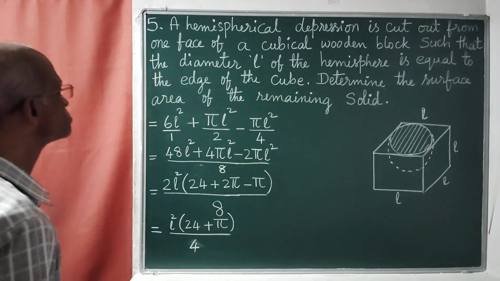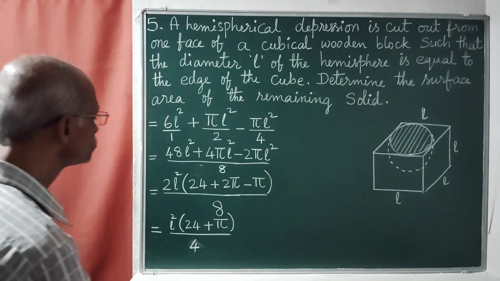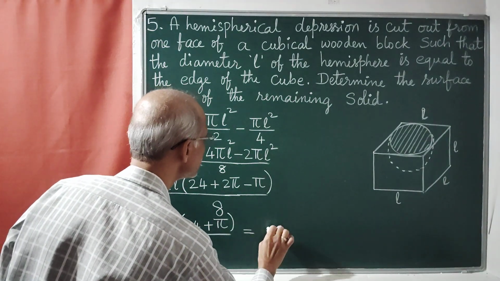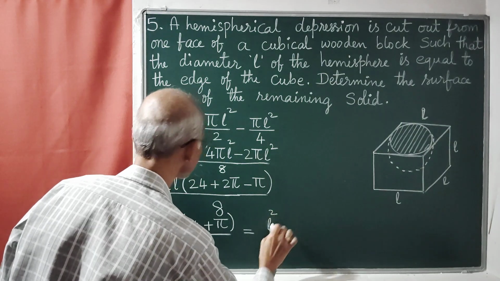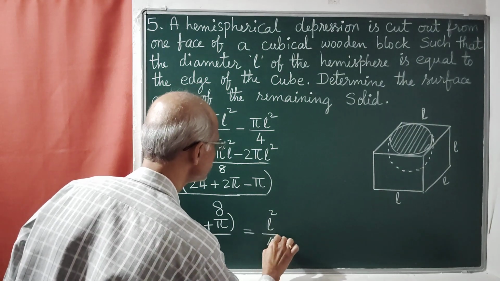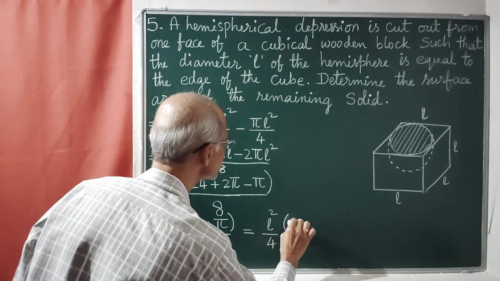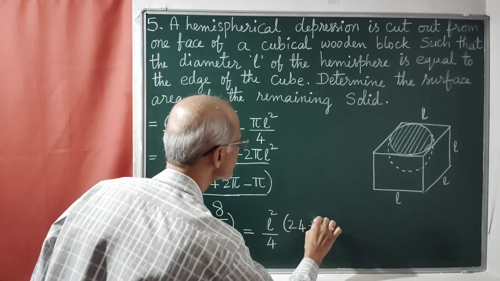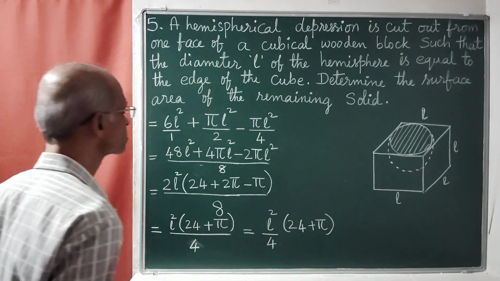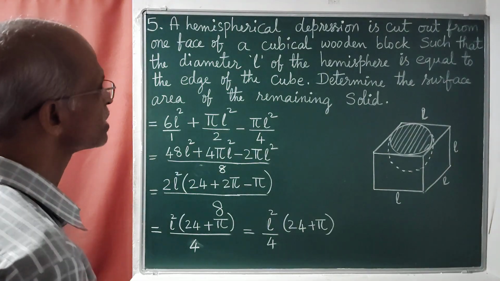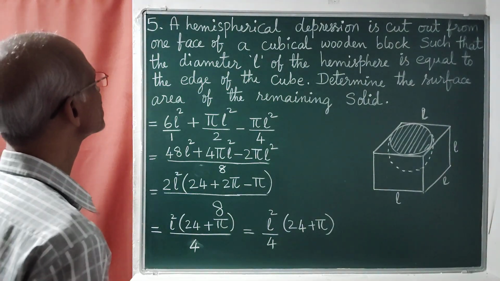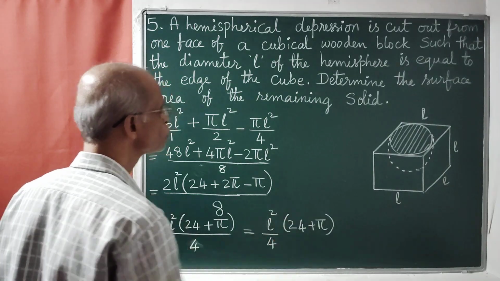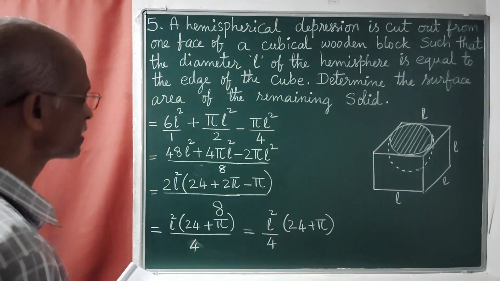So we can write it as L square by 4 into 24 plus pi. So the surface area of the remaining solid is L square by 4 into 24 plus pi.